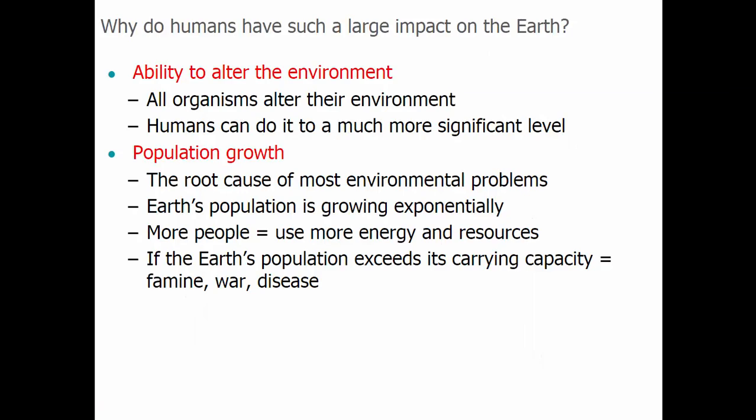And so as we add more people to the earth, humans use resources. Some humans use a lot more resources than others. So depending on the area in which a person is born, often that is related to how many resources they use.